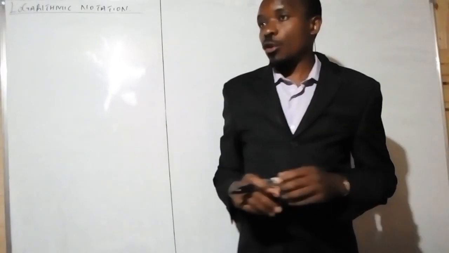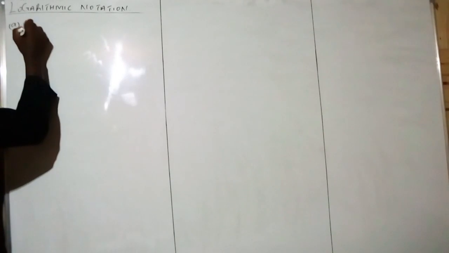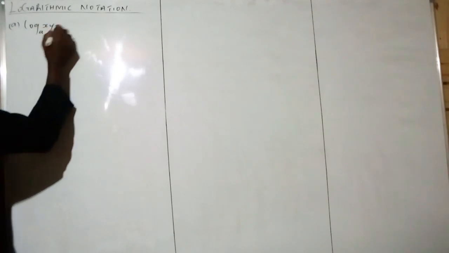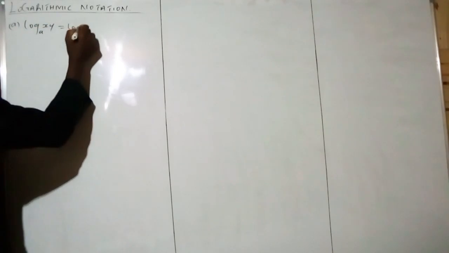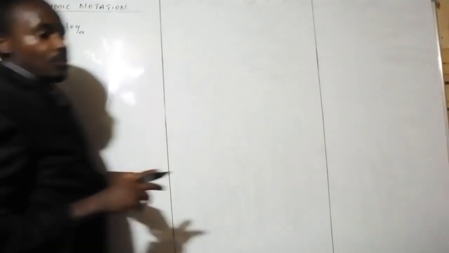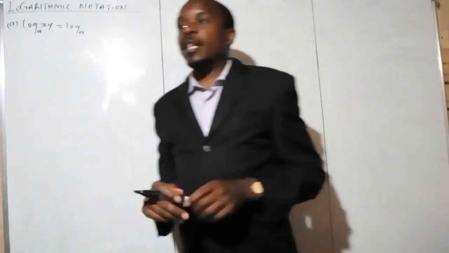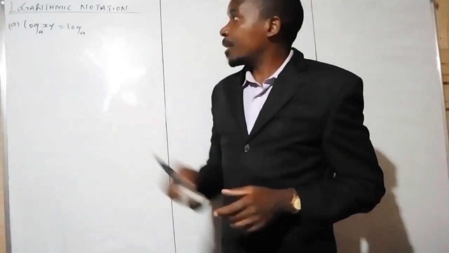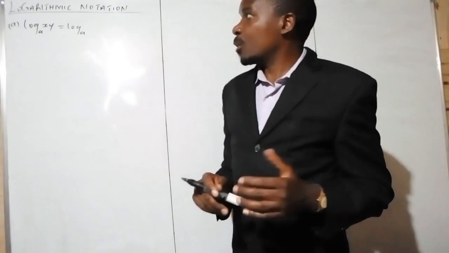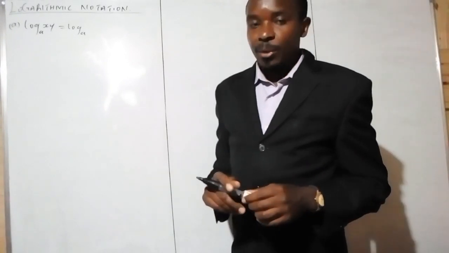The first one is we can say log to base a of xy is the same as log a x plus log a y. The xy means it's like multiplication. It's almost similar to the rule of indices, where when we have a multiplication, you are supposed to add, while when we have a division, you are supposed to subtract.